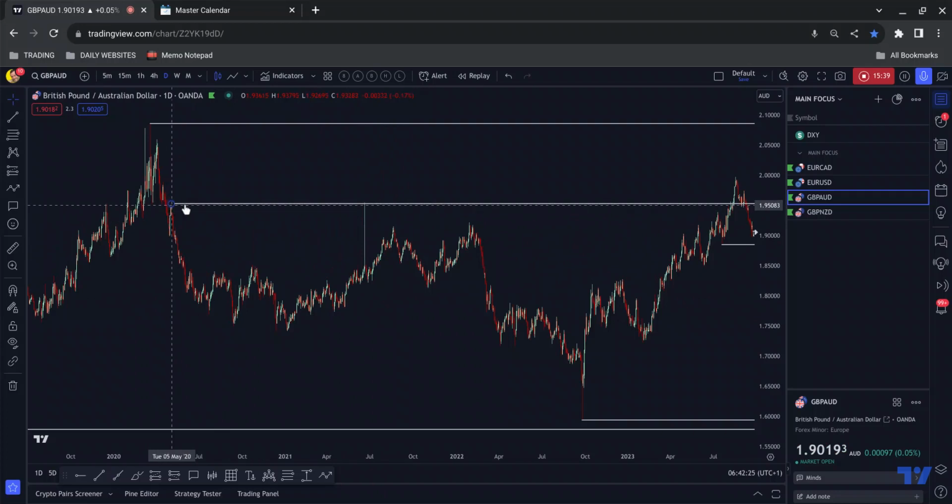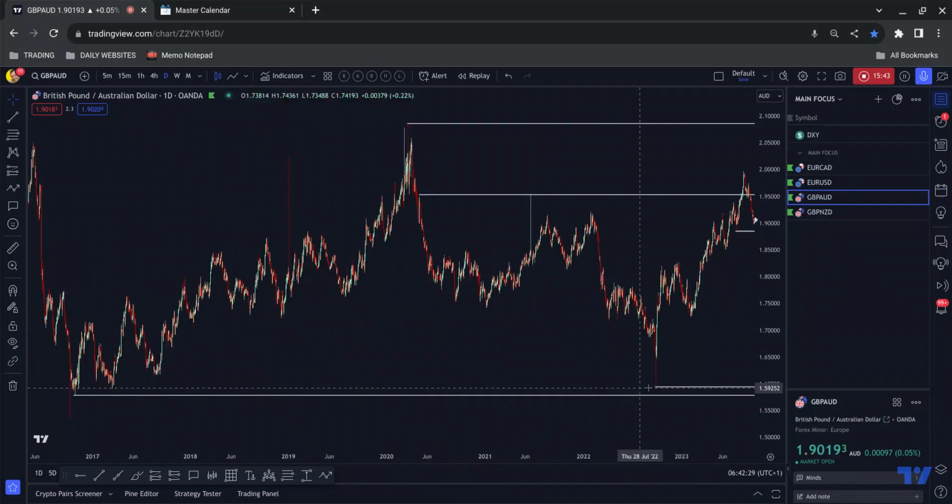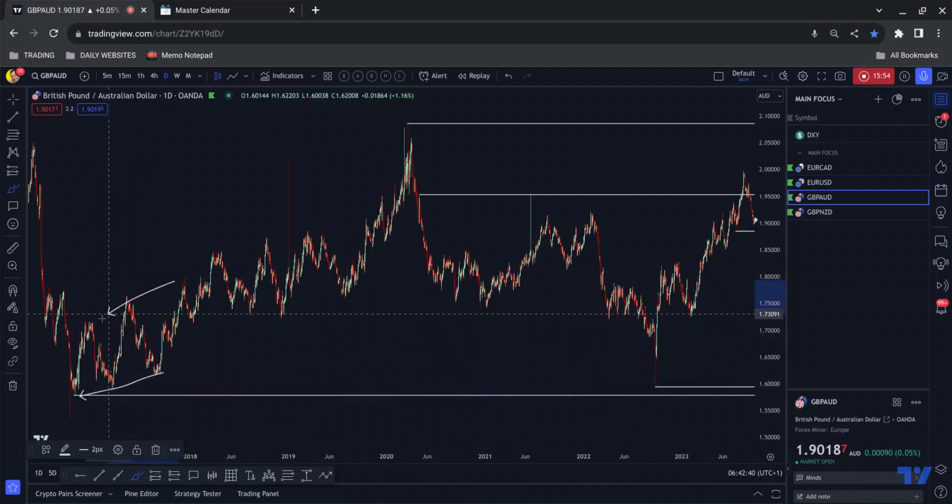And we know now that many people would have had their ray lines plotted as such. We also have, once again, a near miss, which I've talked about, that these near misses often get filled when they come close to what is the base of a piece of structure like this. I've just cut through the wick that you can see just to the left of this. This is an area of importance because it was the base of a piece of structure. So it's not just a random low.